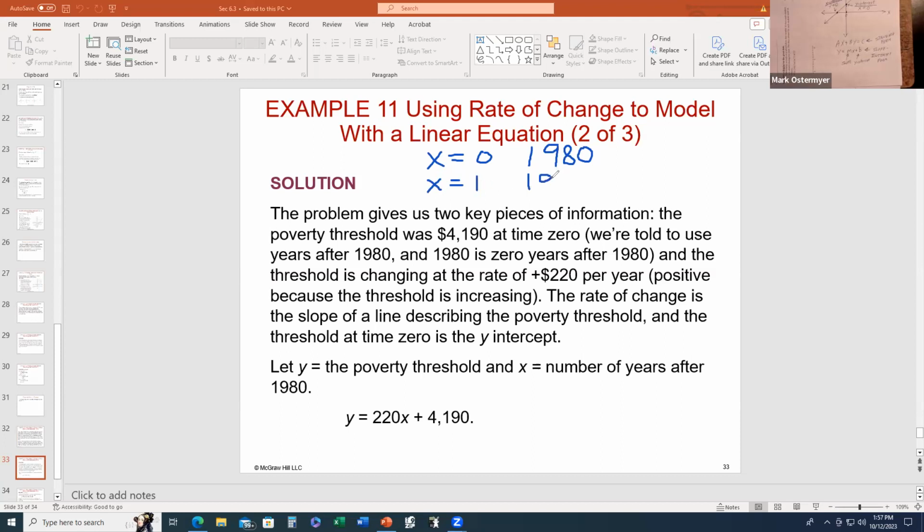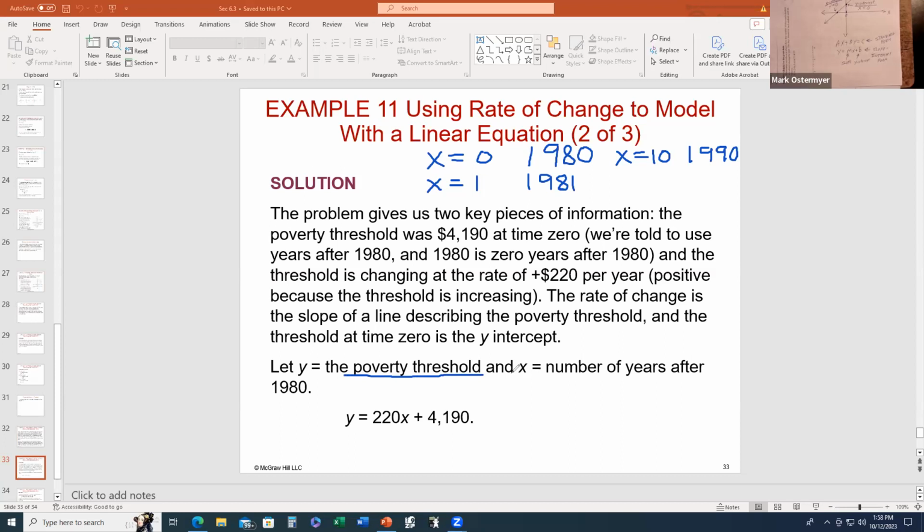That's 1 year after 1980. Do you agree? That'd be 1981. Makes sense. If x is equal to 10, what year would it be? That's 10 years after 1980, it'd be 1990. Does this make sense what x represents? It represents the number of years after 1980. Y represents the poverty threshold value in dollars.